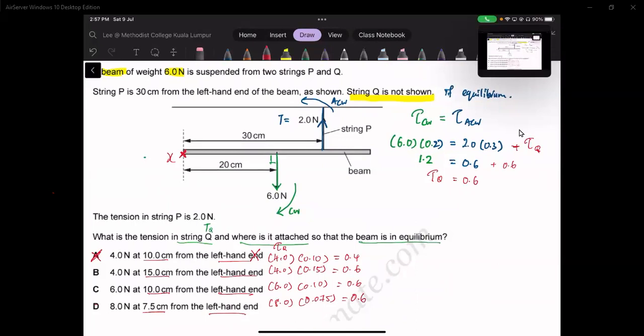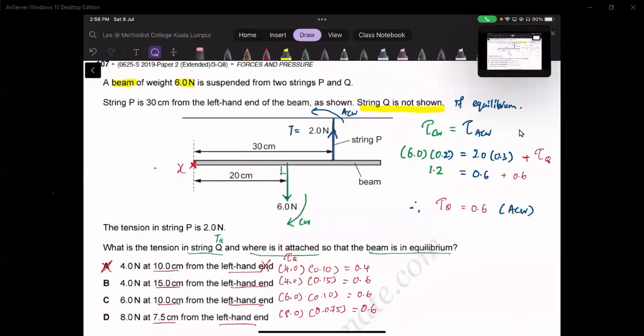So I have to figure out, because this TQ is 0.6 and also it is anti-clockwise. Because it's on the anti-clockwise side, correct? Right, so I know TQ is 0.6. I also know it is anti-clockwise. So which one is anti-clockwise? I need to draw them.